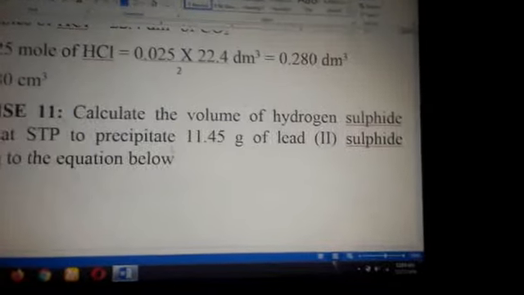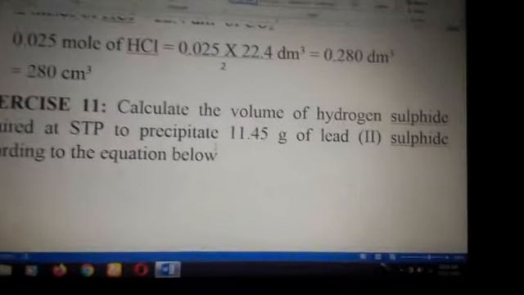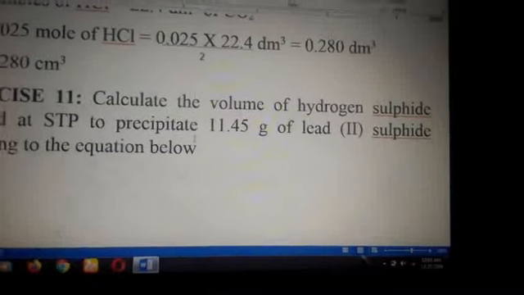So we're looking for the volume of hydrogen sulfide. So hydrogen sulfide is unknown here. We're given 11.45 grams of lead-II sulfide as the known substance.